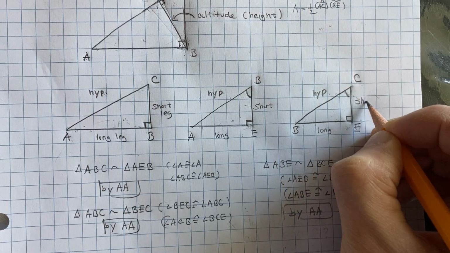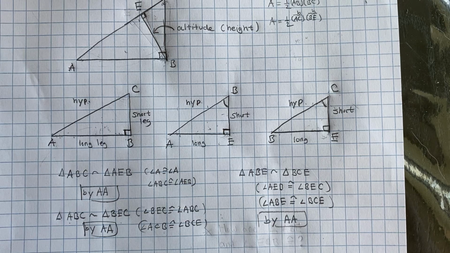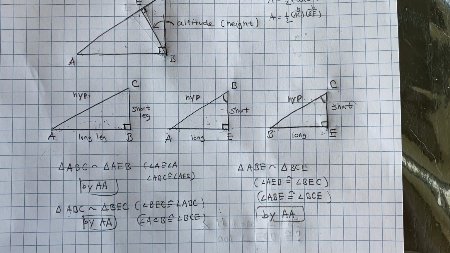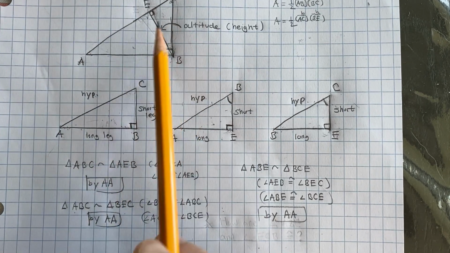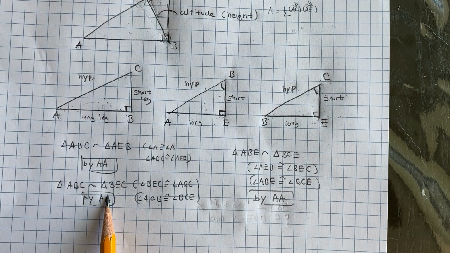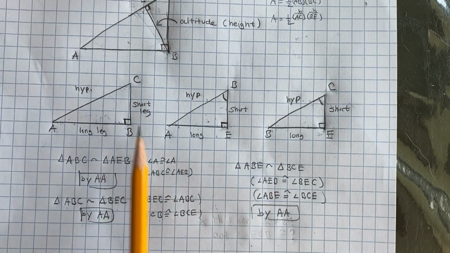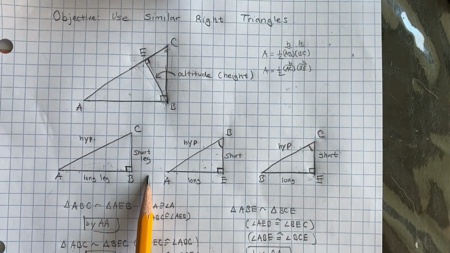But for the most part, you should be able to discern which one's longer, which one's shorter, okay? And that will also help you in your similarity statements. I mean, the homework might ask you to write a similarity statement between all three triangles. These are definitely one way of writing them. And when you actually solve, think of it in terms of hypotenuse, long leg, and short leg, which I will go over in the next video.